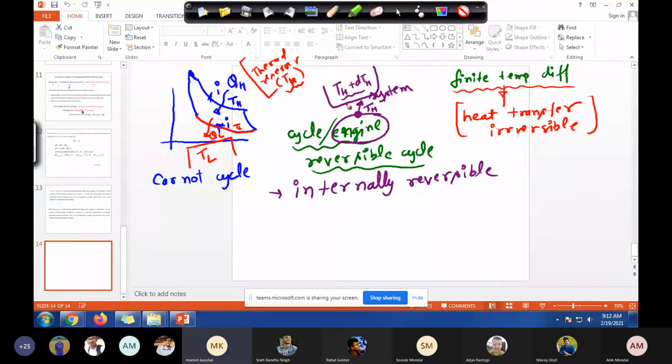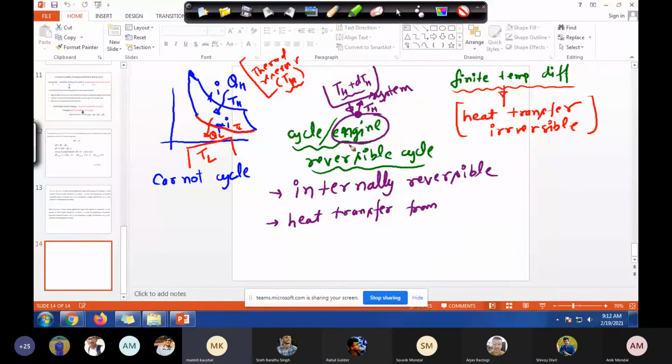So now heat is going from the hot reservoir to the engine. Can anyone tell me if this heat transfer is reversible or irreversible? Is the temperature difference finite or infinitesimally small? It is infinitesimally small, so it means heat transfer is reversible.